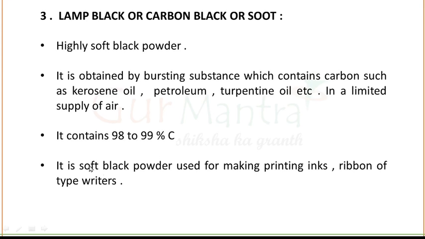It is a highly soft black powder used for making printing inks and ribbons of typewriters. The most common use, 70% of carbon black, is as a pigment and reinforcing phase in automobile tires.